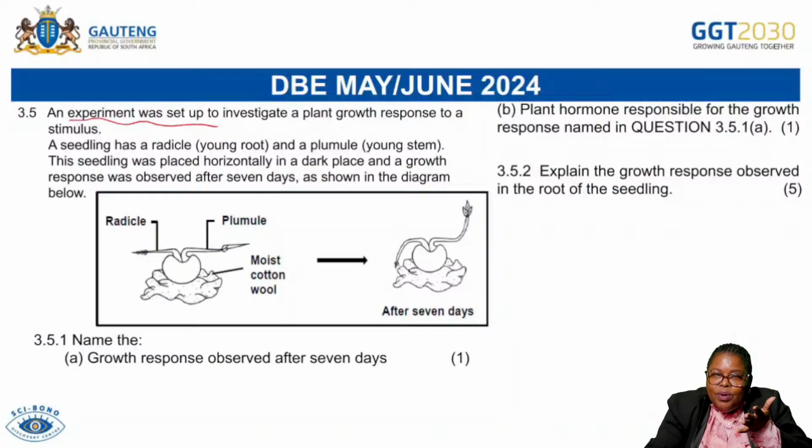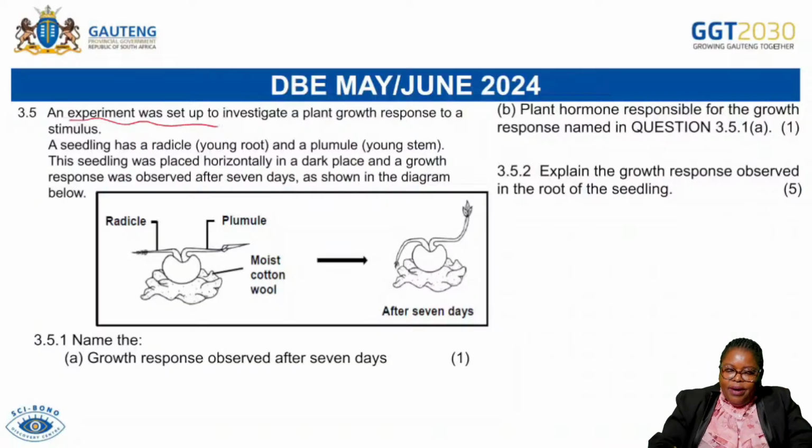The variables: the independent, the dependent variable, the constant variable. You are also going to get factors that make reliability of the experiment or investigation, and validity and so on, right? So because we are looking at the plant hormones, you are given the seeds here, right?